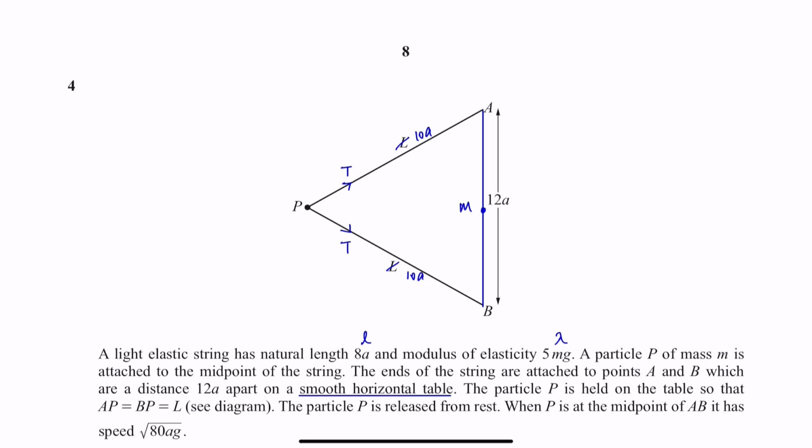Because the particle is going this way when it's released, the acceleration is going this way, and we will need to find the force in this component. Okay, let's draw a line here.